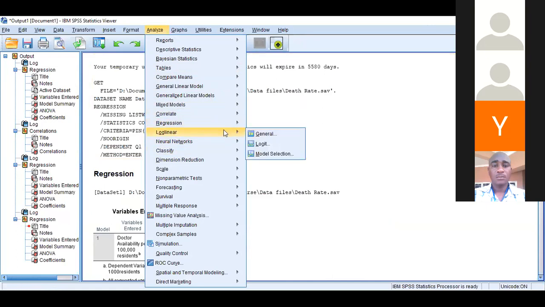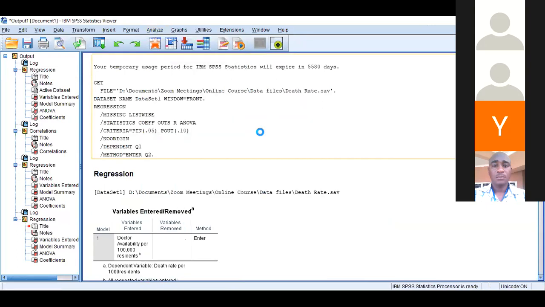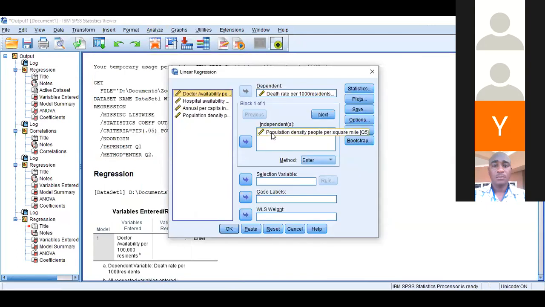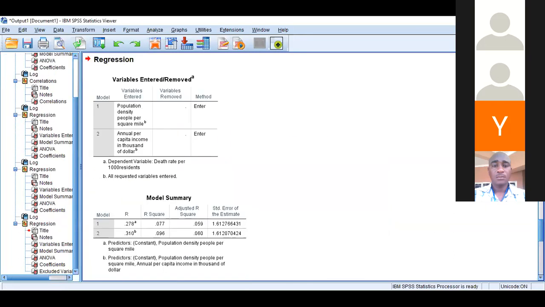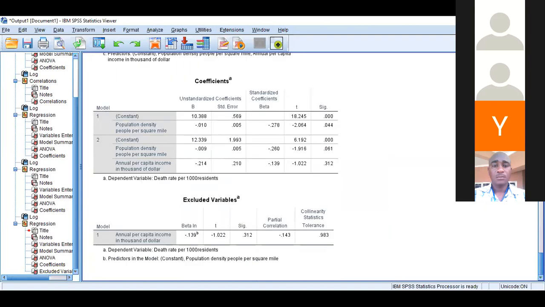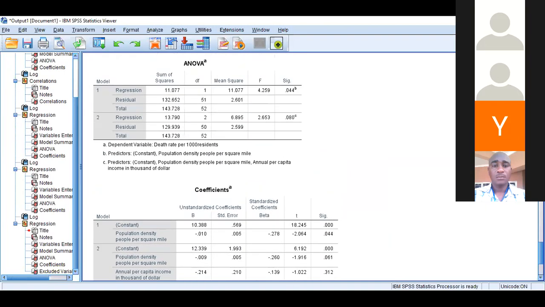Regression, linear. This population density is the highest one. Next, we want to do stepwise. You load in the next one, annual per capita income. Let's see the combination of their contribution.